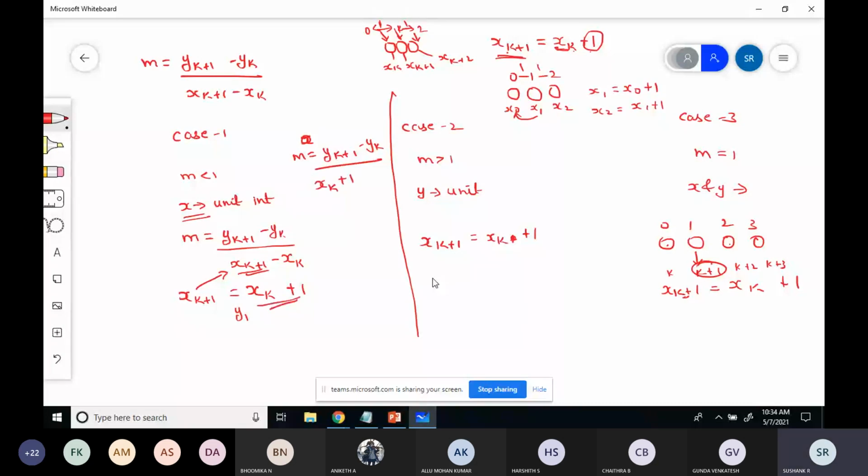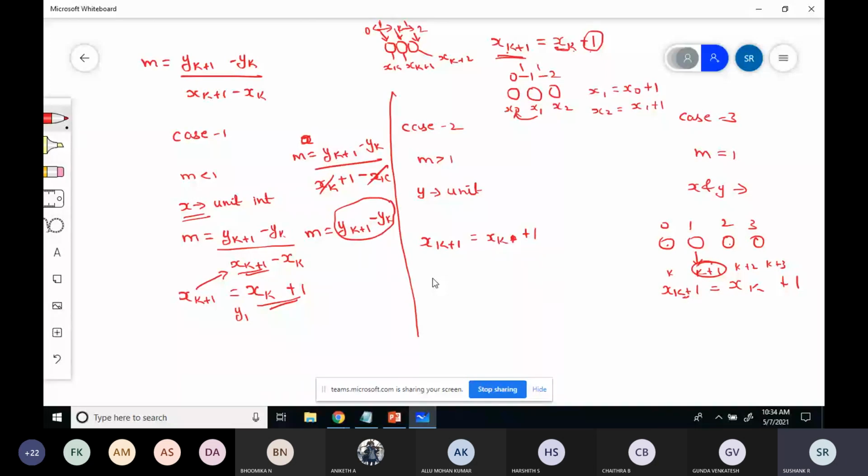So now this and this will get cancelled. So m will become y of k plus 1 minus yk. This will be the slope equation. This will be the slope value.